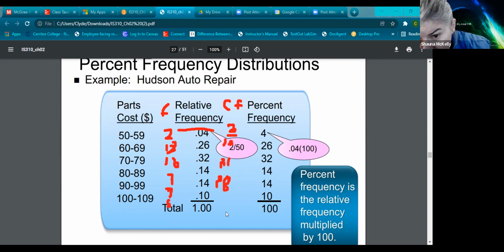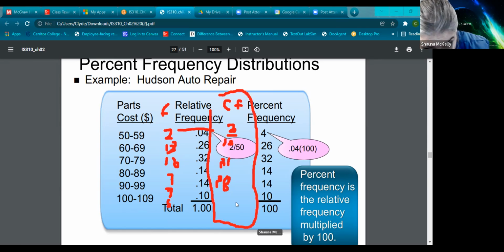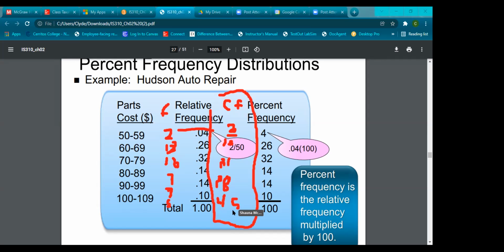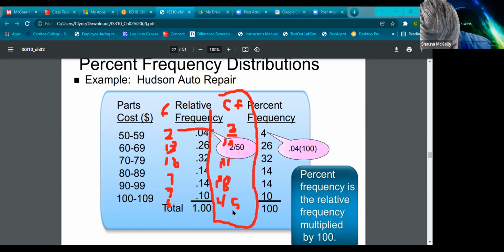What she's doing on that slide that we're looking at is she's taking these numbers that I just got in the cumulative frequency column. Remember, there's a 45, and then there's a 50, right? The last cumulative frequency, by the way, should match the total number of frequencies there are.